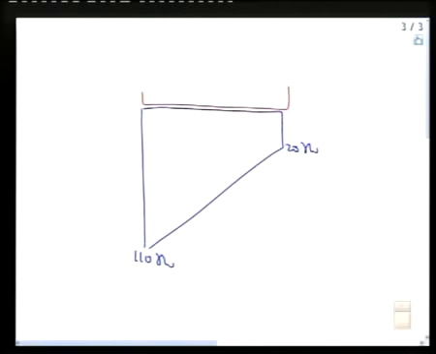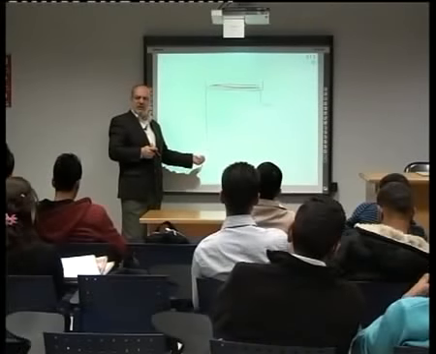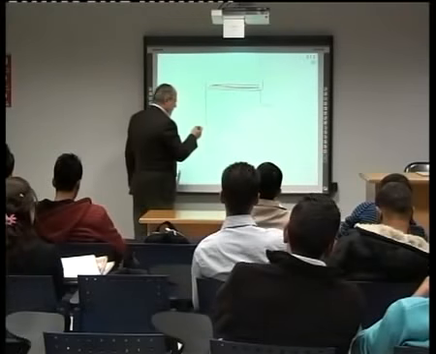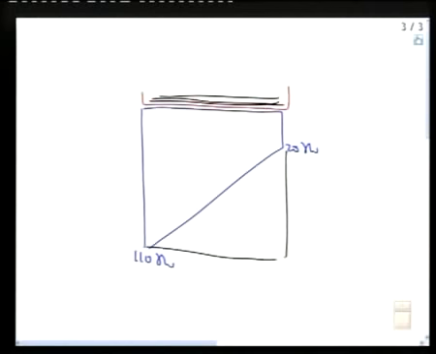If I took 110 to design on it, I will have too much steel here. Why? Because I'm taking care of 110 while here it's just 20. It means that all what I have here is losses.